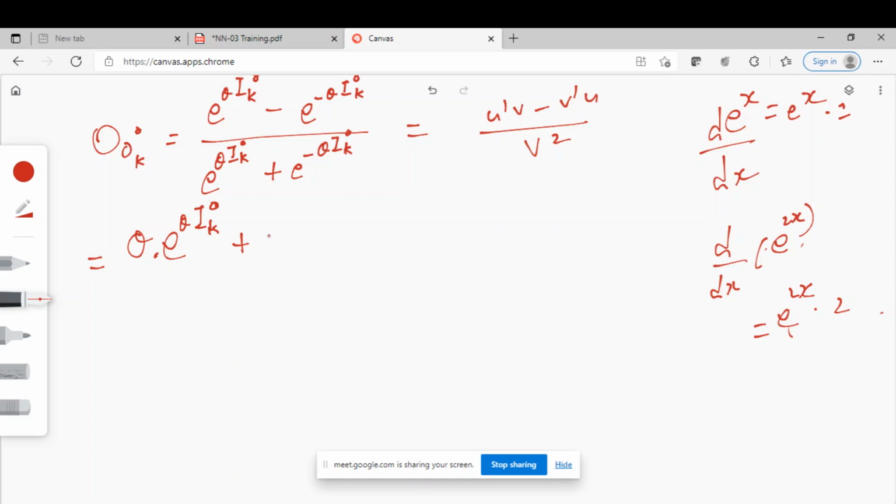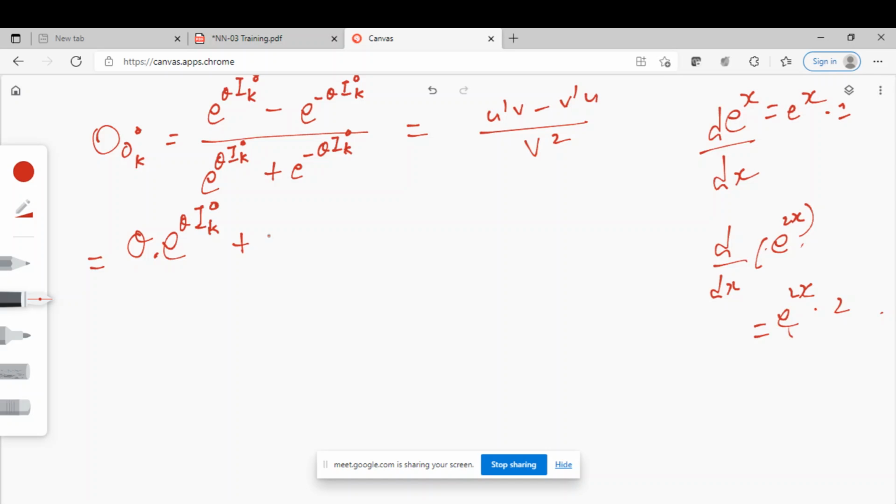So plus theta into e to the power minus theta I_ko. This is u dash. Similarly you have to do v dash. For u dash v, the v part we can copy to the numerator.